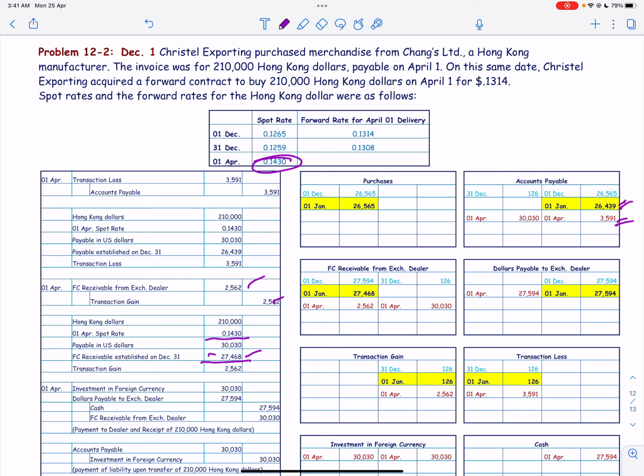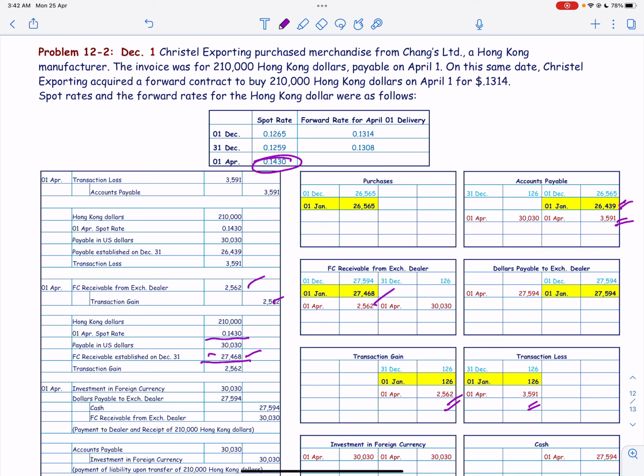The foreign currency receivable has increased by 2,562. Dollars payable will be the same as we have already talked about. There is a further increase in our transaction gain of 2,562 and there is a loss of 3,591.